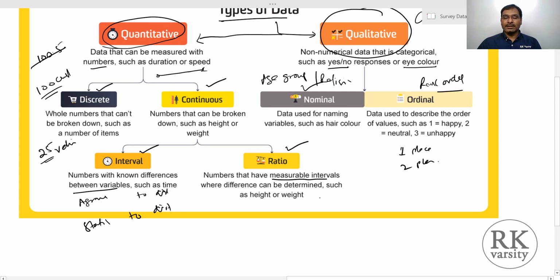Let us say height of an individual is 107.5 centimeters, then weight is 40 kg, or we can say 40.25 kgs. So any data coming from your interval scale and ratio scale is categorized as quantitative data, whereas data coming from your nominal scale and ordinal scale is qualitative data.